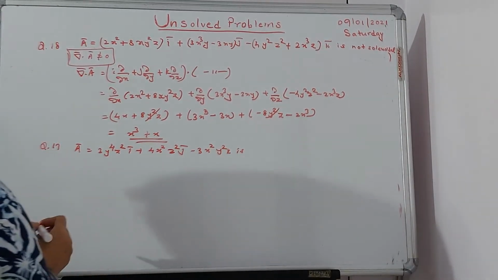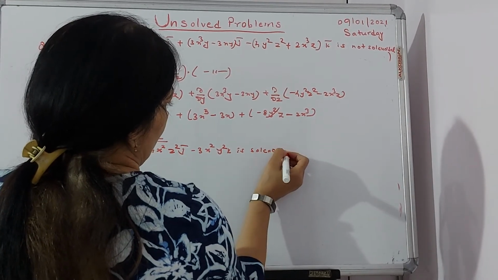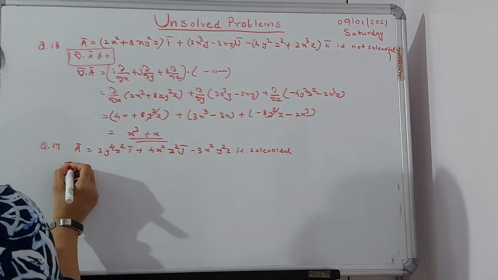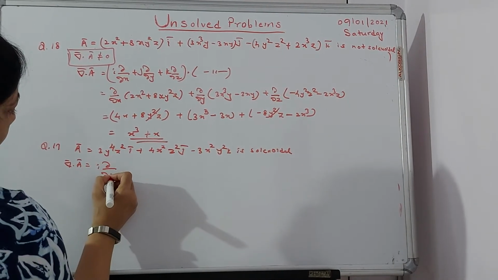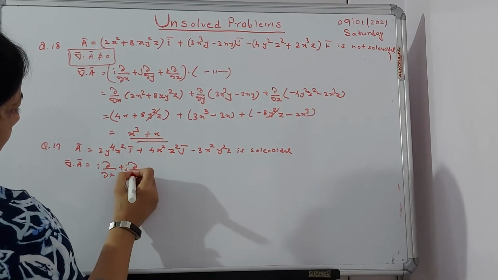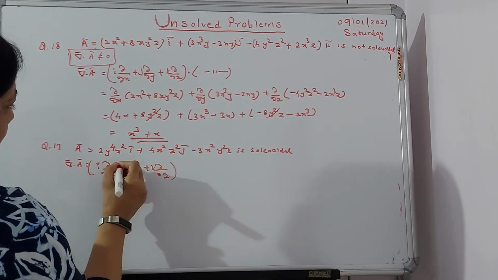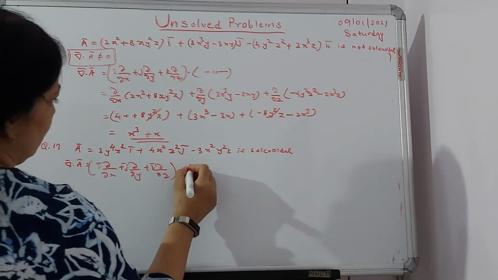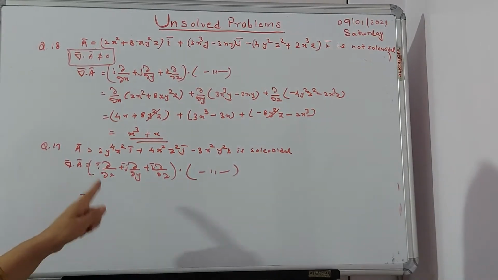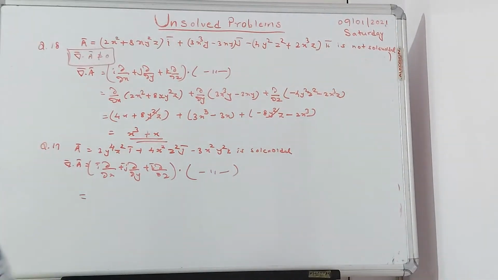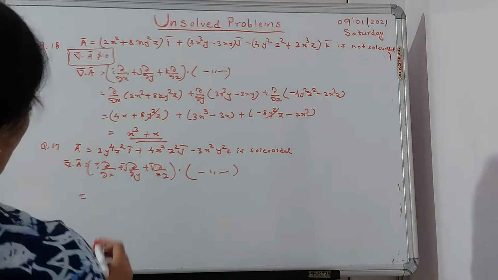We have to show it is solenoidal, so the value has to be 0. Again same, divergence of A is equal to i ∂/∂x plus j ∂/∂y plus k ∂/∂z dot the given vector. So here again i dot i value will be there, j dot j and k dot k value will be there, remaining terms will be 0.